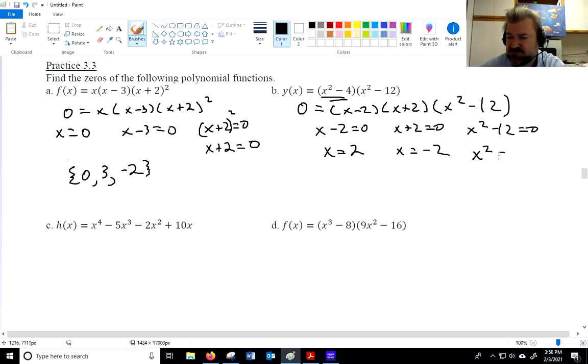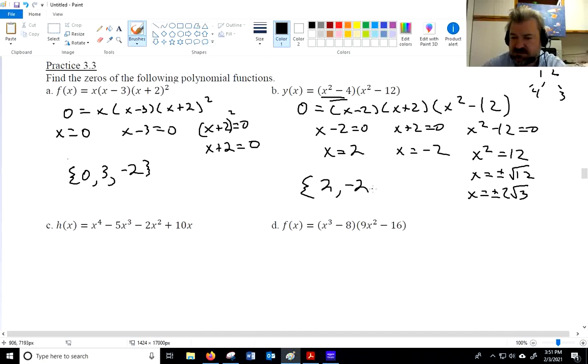This one here I'll have to use square roots on, so I move the 12 over. And then I do plus or minus the square root of 12. I can simplify the square root of 12. That's 4 times 3, and the square root of 4 is 2. So it's 2 root 3. So our solutions are 2, negative 2, 2 root 3, and negative 2 root 3.